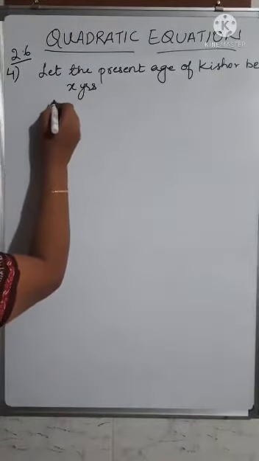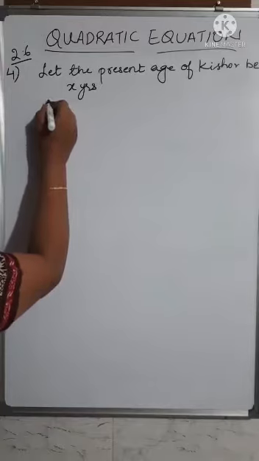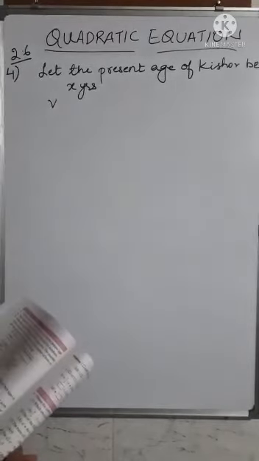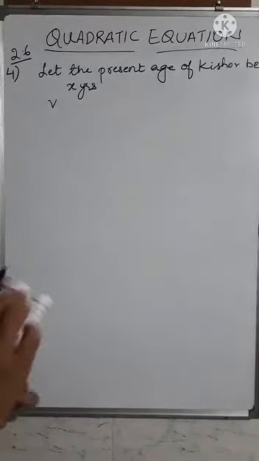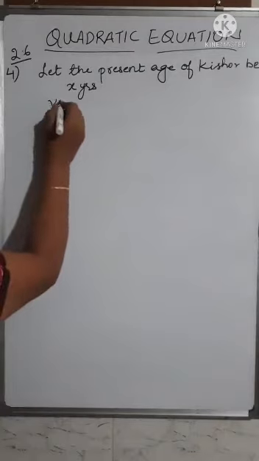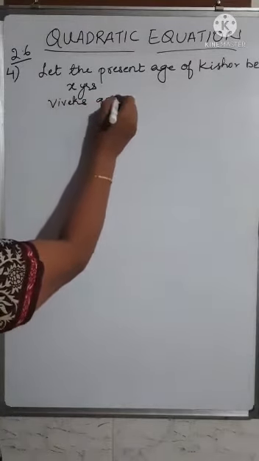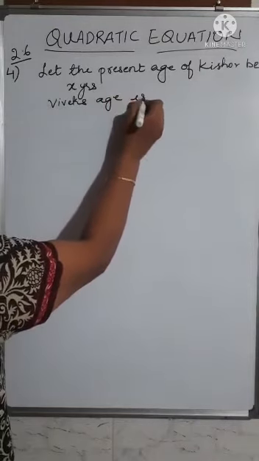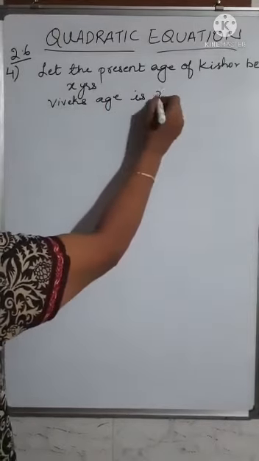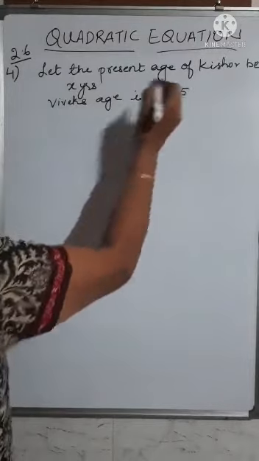Then Vivek, the given Vivek is older than Kishore by 5 years. So Vivek's age is 5 years older, means you get it as x plus 5.